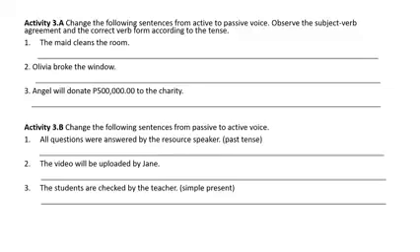For activity 3A, change the following sentences from active to passive. Observe the subject-verb agreement and the correct verb form according to tense. For activity 3B, change the following sentences from passive to active voice.